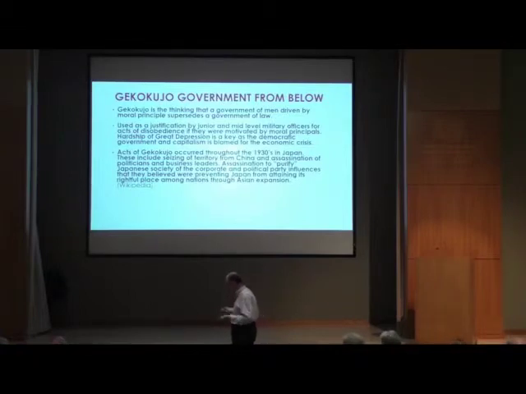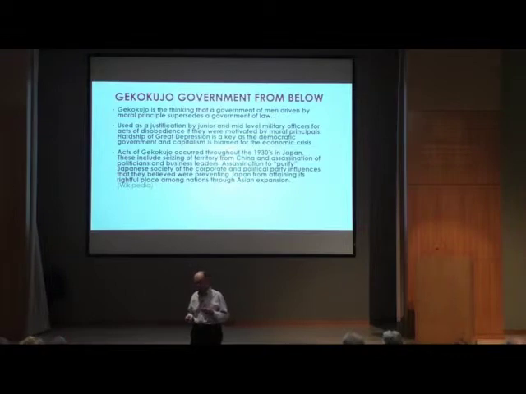Well, acts of Gekkokujo continued throughout the 1930s and into the 1940s. Gekkokujo allows for them to perhaps invade China. It allows for them to invade Manchuria. It allows for them to kill prime ministers. It allows for them to kill Zaibatsu.